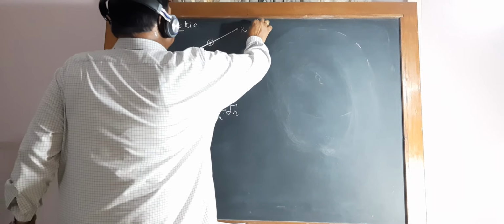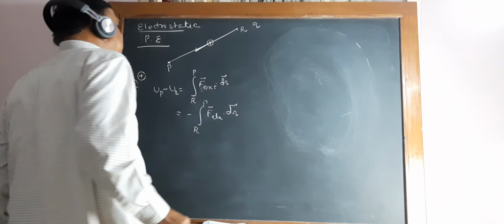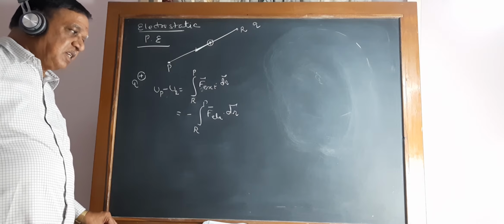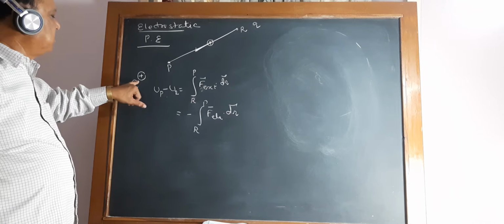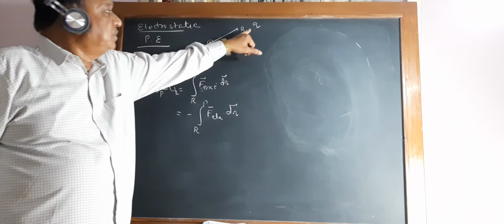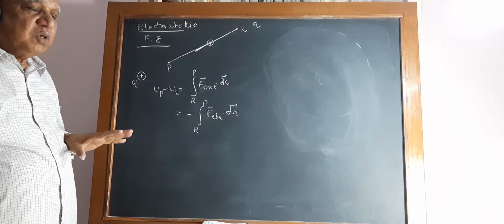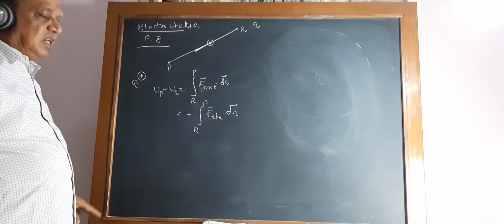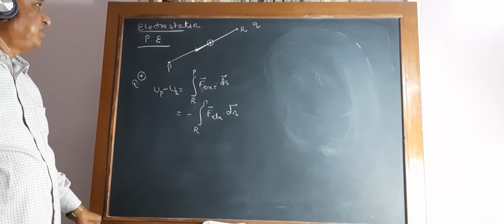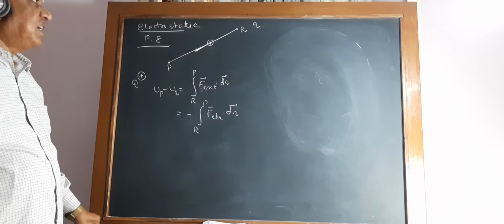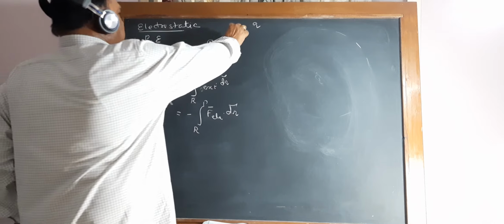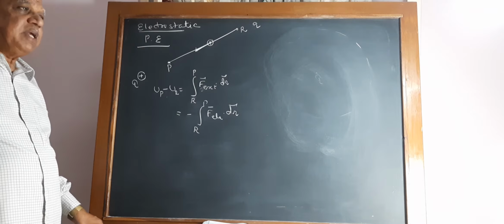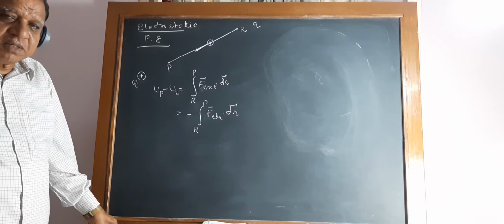We have taken test charge q. Here for convenience, we have taken both positive Q and small q. Both positive, so electric field is radially outward. Now test charge q is brought from R to P by applying another external force.